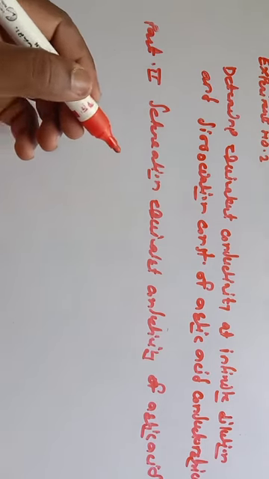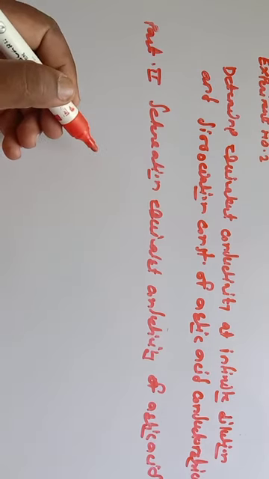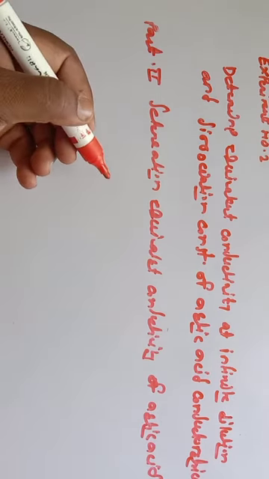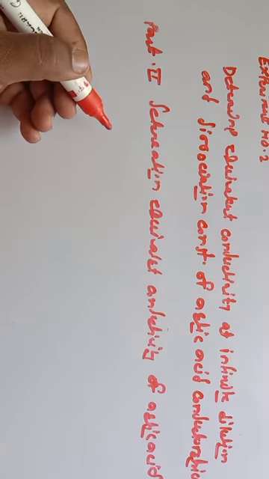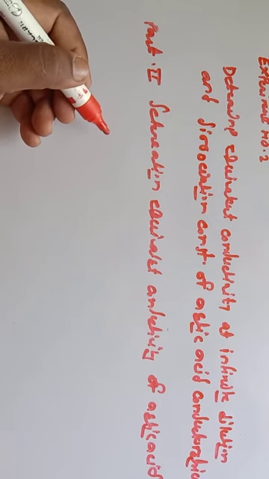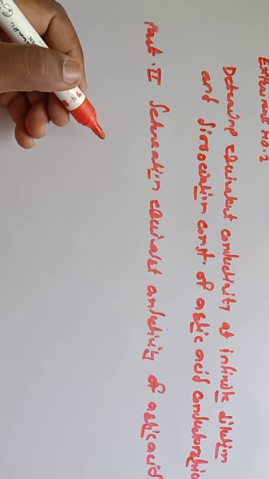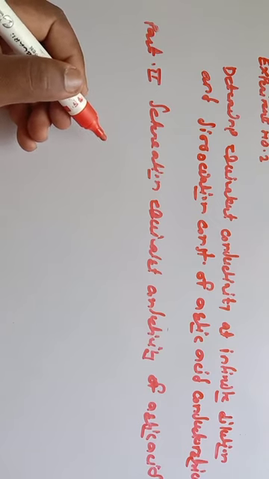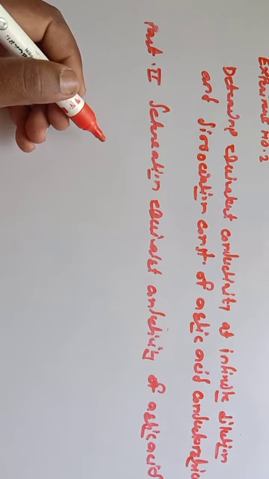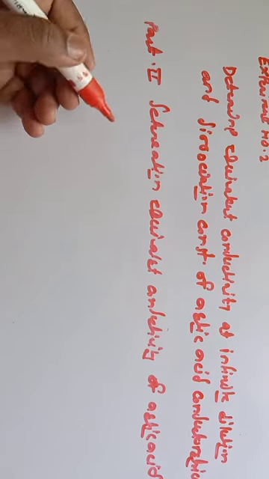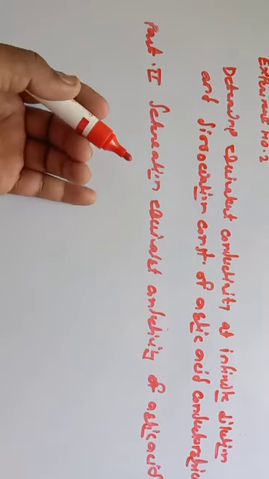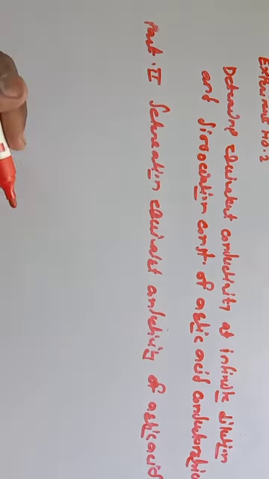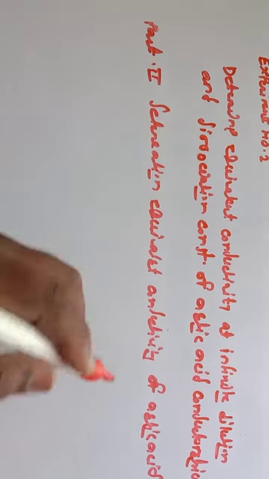You prepare different concentrations from the 0.05 normal sodium acetate, NaCl, and hydrochloric acid, and measure the conductivity of these solutions. Then you find out the specific conductance by using the formula cell constant into observed conductance, and then the equivalent conductivity, that is specific conductance into volume containing one equivalent.